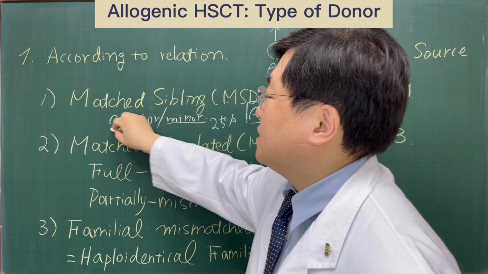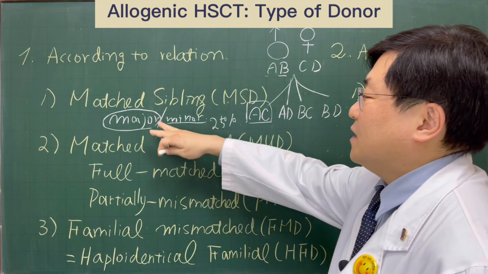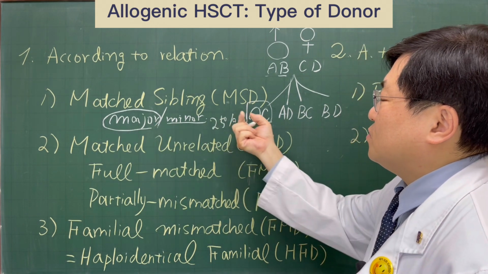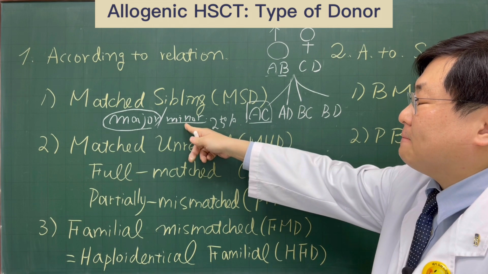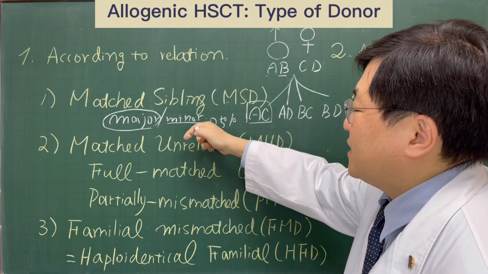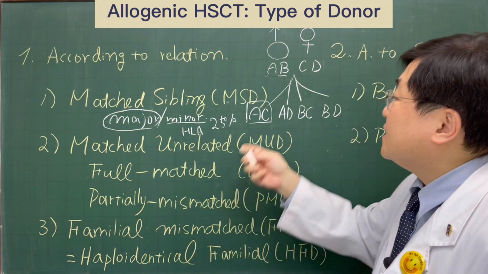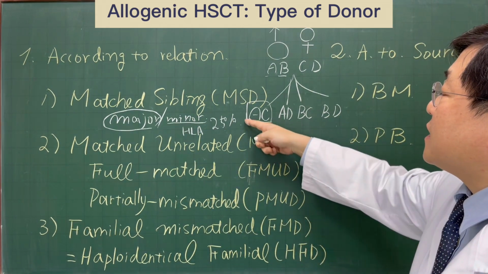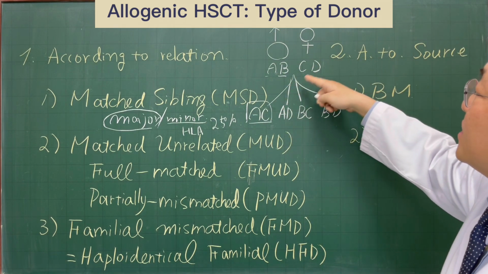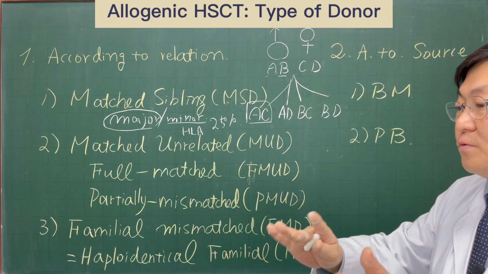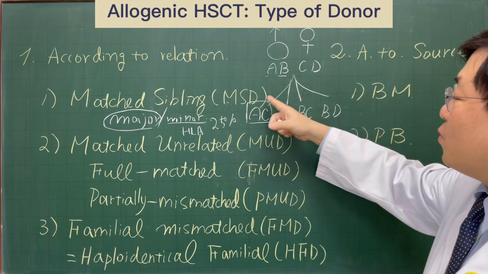If the major histocompatibility antigens are the same between the two siblings, all the minor histocompatibility antigens, in other words the HLA antigens, will also be the same, because all these HLA molecules come from one parent and the other from the other parent, and they always move in a pair way.